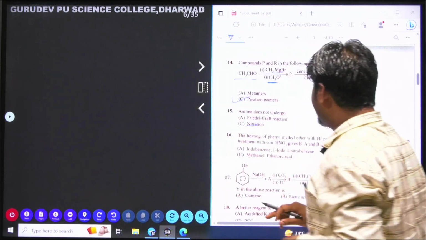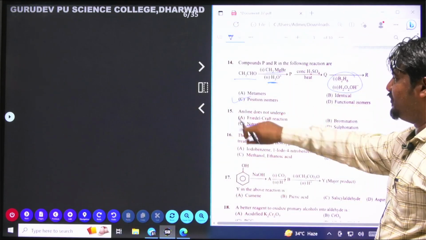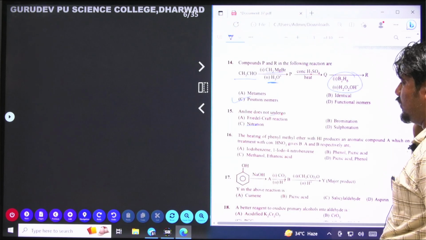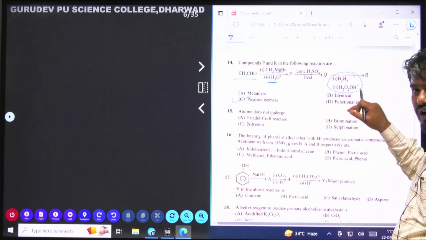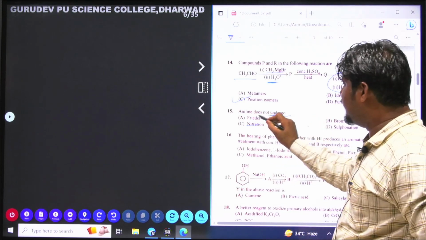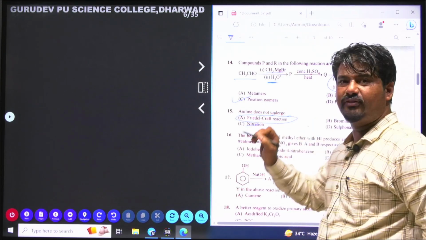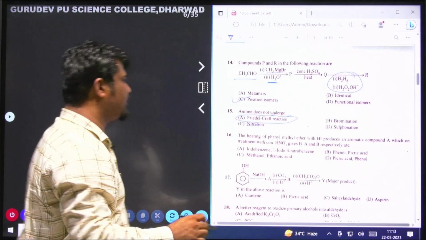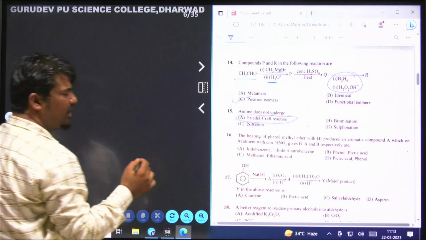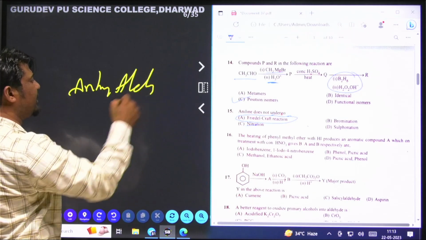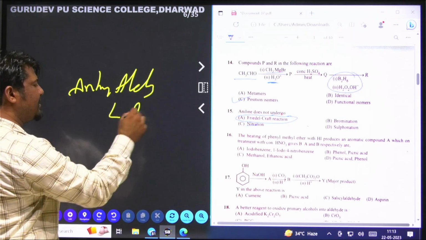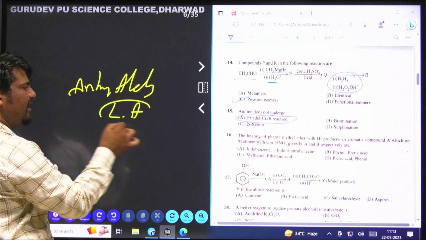Next, I will come to question 15. Aniline does not undergo... See, usually aniline undergoes nitration, bromination, sulfonation. All these reactions will take place, but aniline does not undergo the Friedel-Crafts reaction, because in Friedel-Crafts reaction we use anhydrous AlCl3, which acts as a Lewis acid.